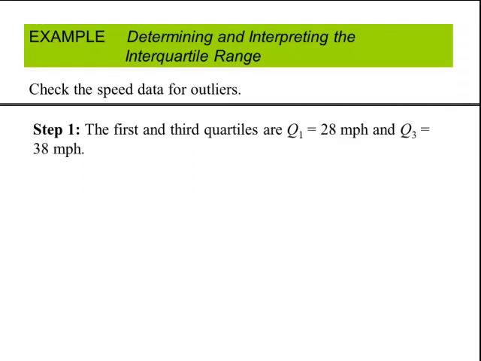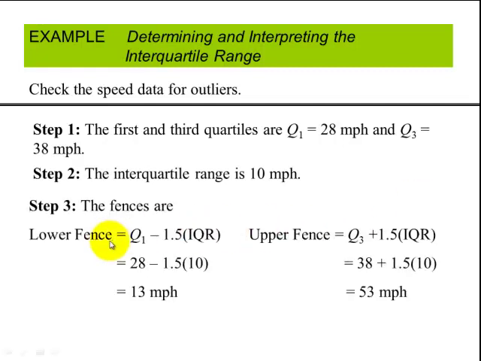So let's do an example. This is for the speed data. Q1 is 28, Q3 was 38. The IQR turns out to be 10. So the lower fence would be Q1 minus 1.5 times IQR. So that's 28 minus 1.5 times 10. So that's 28 minus 15, which is 13 miles an hour.